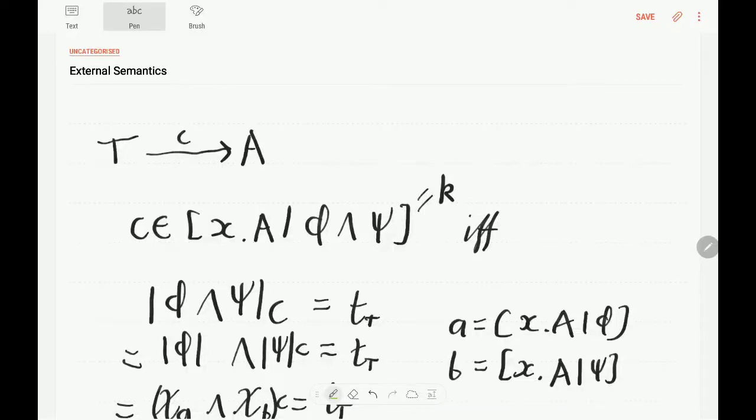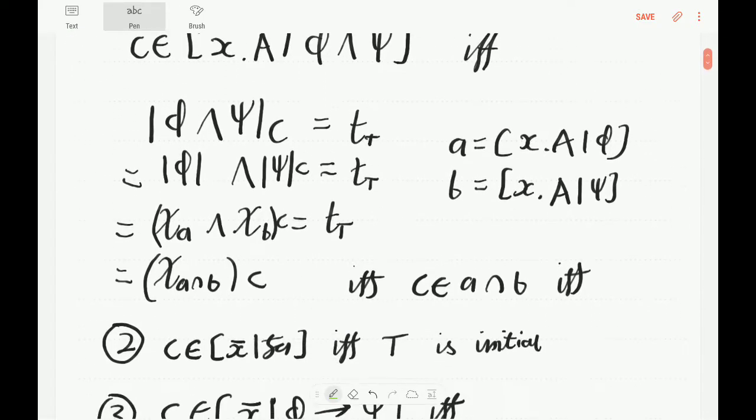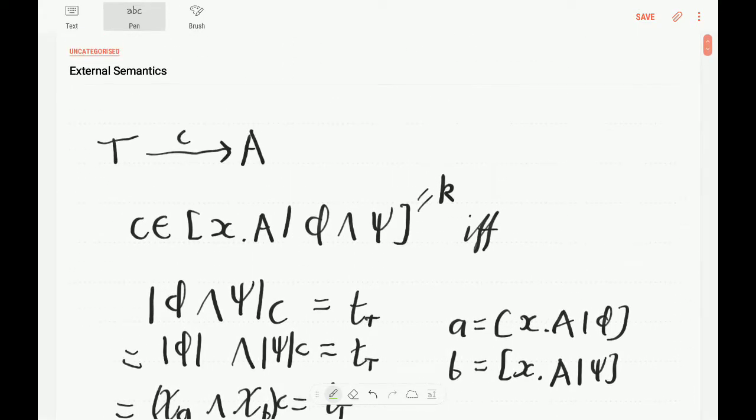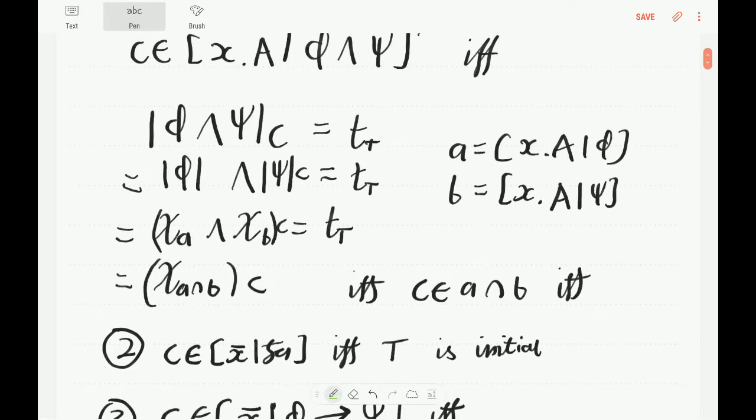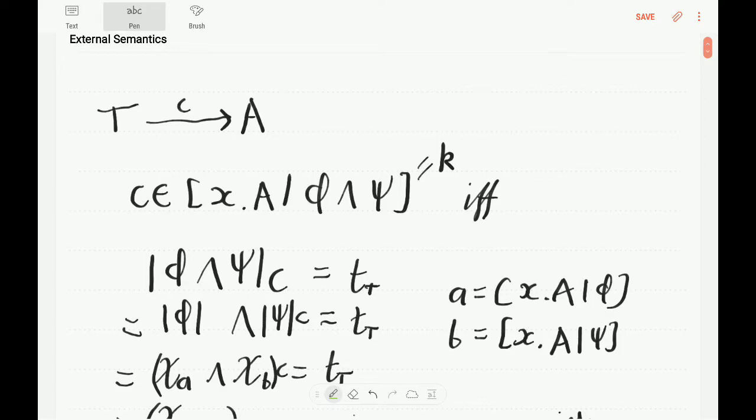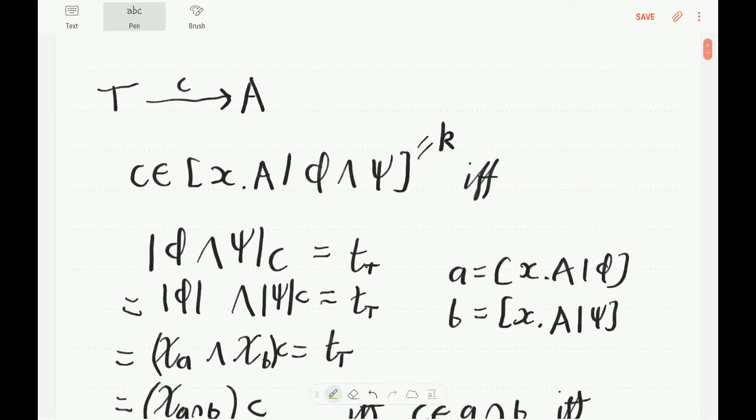Okay, so now I want to do a video on external semantics. Basically, I want to revisit a theorem in McLarty's book, Theorem 18.1, which is about external semantics or Kripke-Joyal semantics.